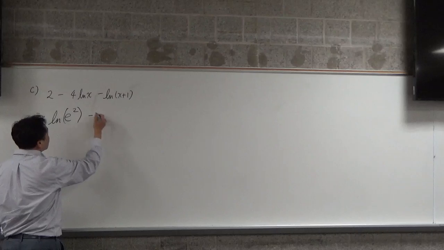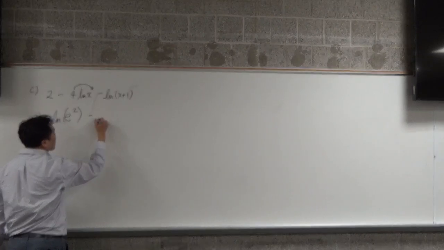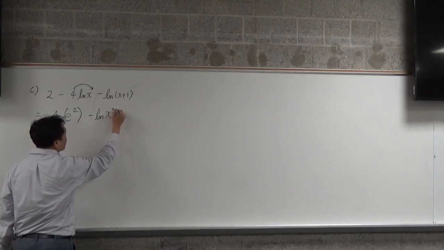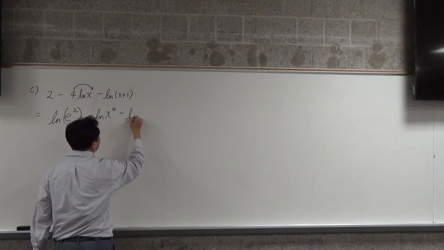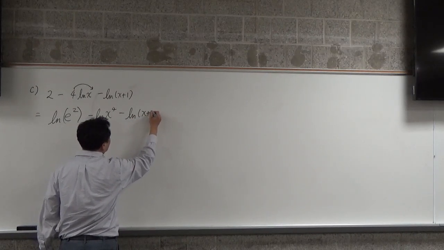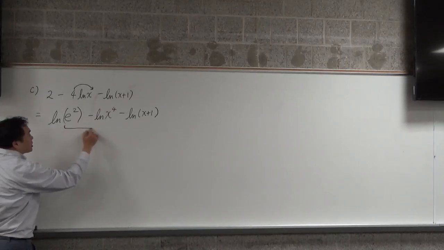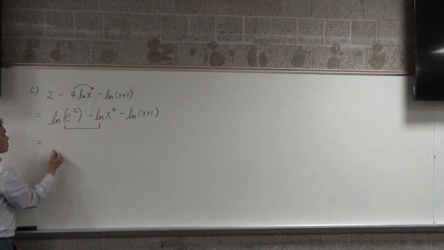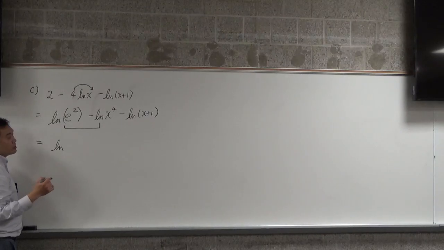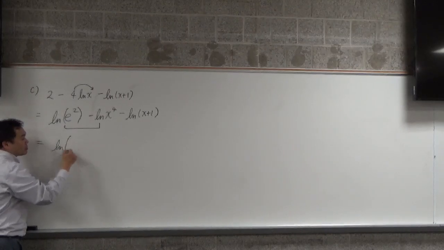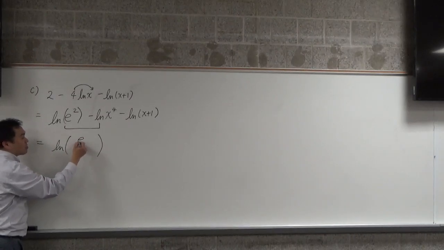Now, you can make the 4 jump over the log. And then I can combine these two as what? If it's a minus, what happens? Division inside the log, right?